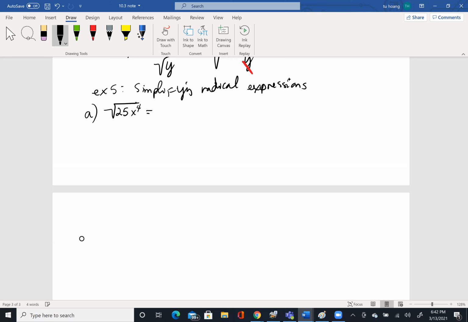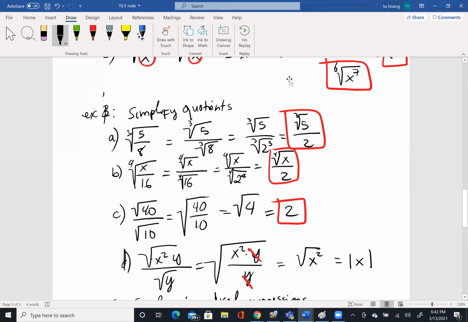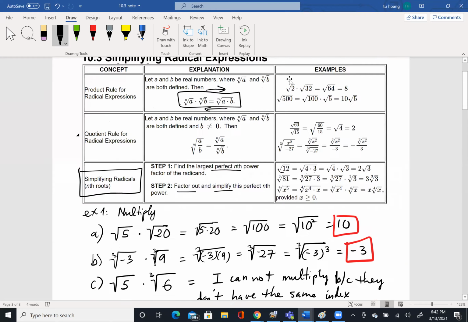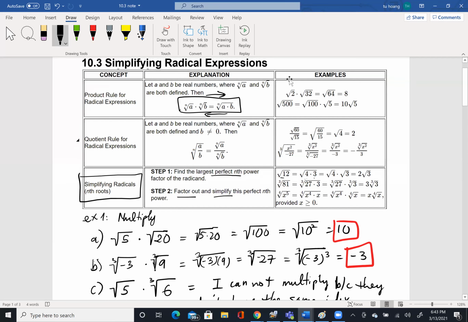Square root of 25x to the power 4. How can you do this one? You should know to follow the two steps, right? The first one is what's that? Find the largest perfect nth power factor of the radicand.